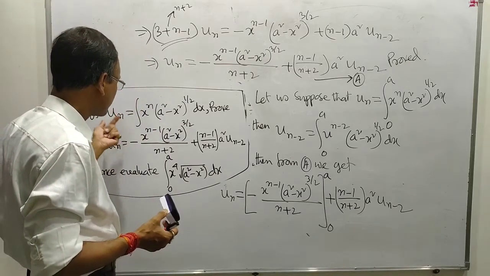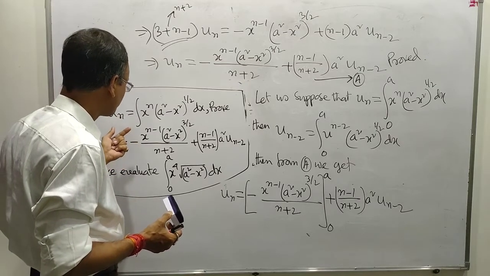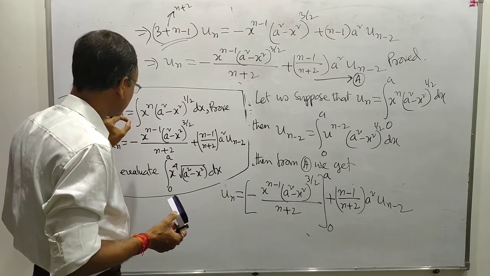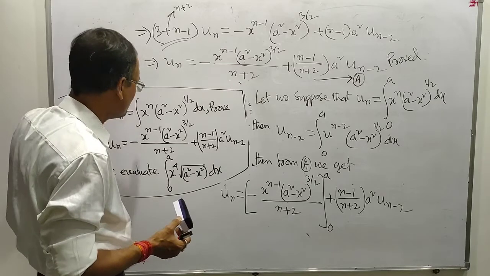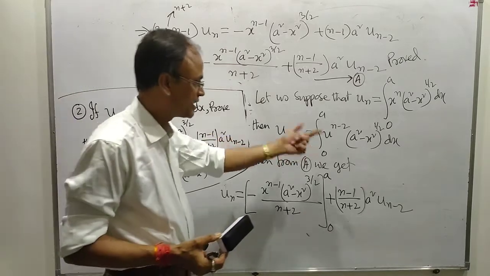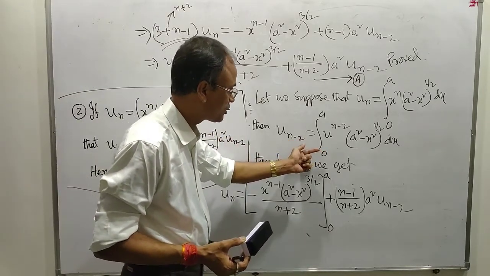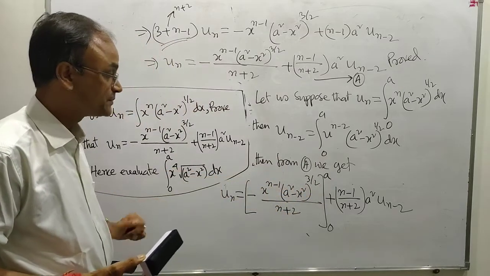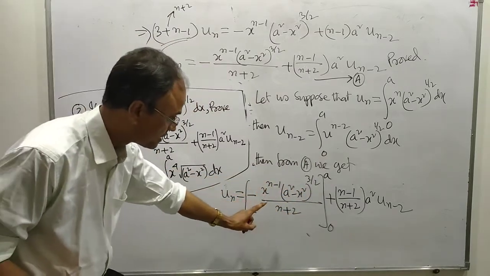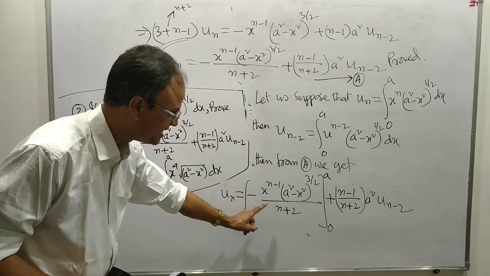In place of this, I have added the limit of the integration from 0 to a. If you take the definite integral limit from 0 to a, then we will get this one. Now you see this term.